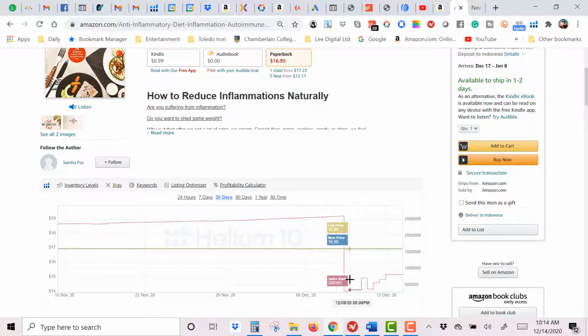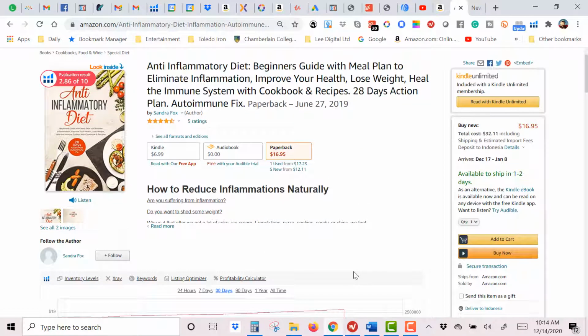And then boom. So this doesn't scare me because I see that there are sales happening, and this book is pretty old. Maybe this person is just not running traffic through Amazon ads, but I see that Kindle sales are happening, so I know there's demand.